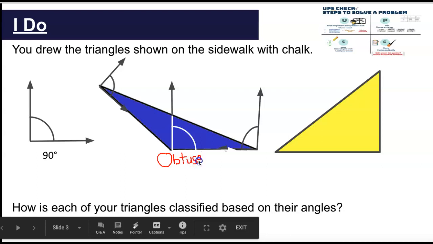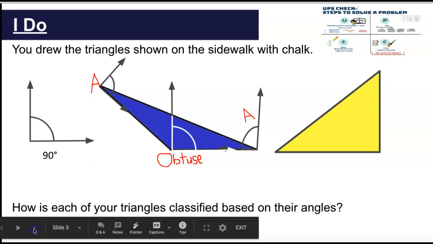Remember, my first two angles are acute because they are less than 90 degrees. My last angle is obtuse because it is greater than 90 degrees.